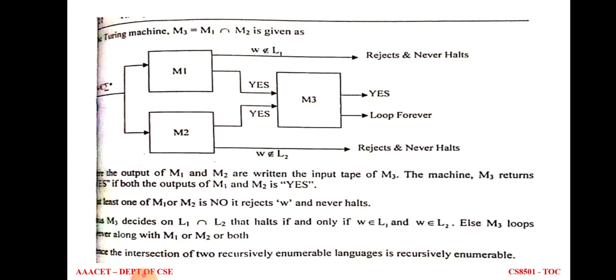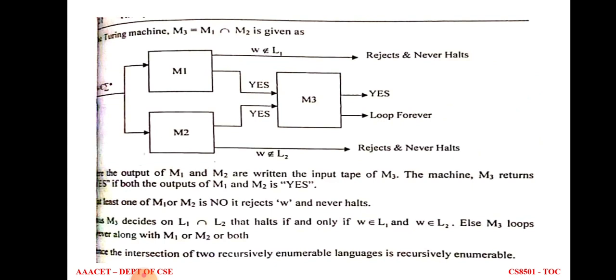So M3 returns yes if both outputs of M1 and M2 are yes, which means the third Turing machine M3 accepts the input string and halts with yes if and only if M1 and M2 both accept the input string and halt with yes.